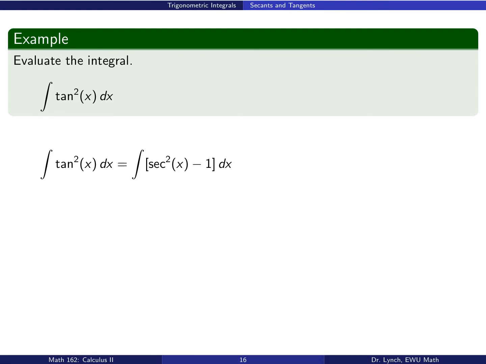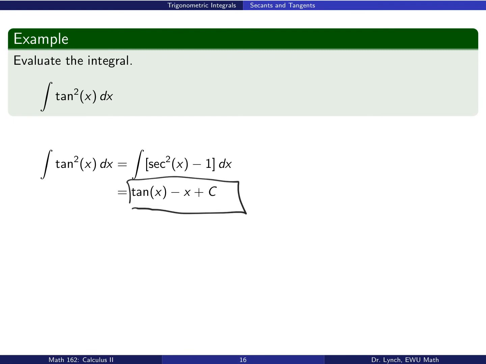Tangent squared is secant squared minus 1. Now of course here we have two functions whose antiderivatives we know. So secant squared is the derivative of tangent, and of course 1 is the derivative of x, giving us the general antiderivative here of tangent x minus x plus an arbitrary constant.